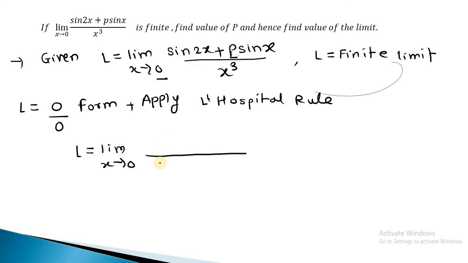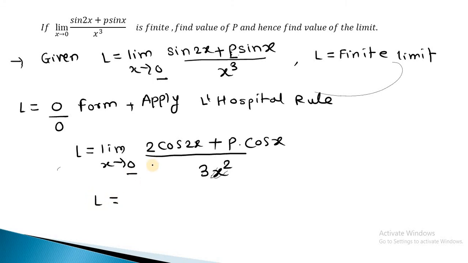So what is derivative of numerator? Sin 2x derivative is 2 cos of 2x, plus p constant, derivative of sin x is cos x, upon derivative of x cube, which is 3x square. Okay. So this is value of f dash of x upon g dash of x. Now I substitute limit x is 0 here.